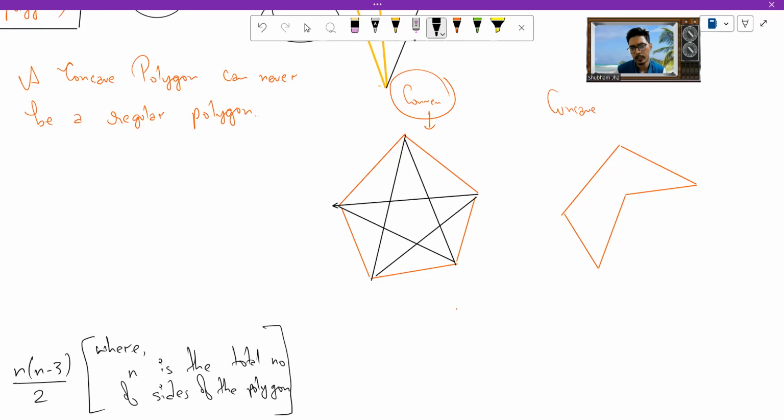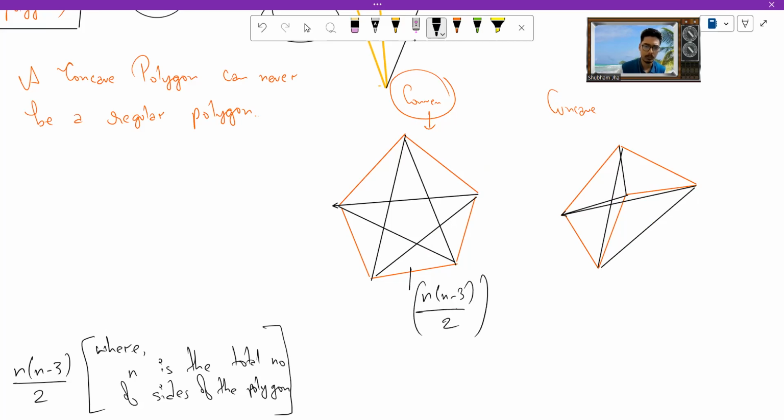What about this? 1, 2, 3, 4, and 5. So you can see the total number of diagonals remains the same. So whatever formula we have for this polygon, the same formula, n into n minus 3 upon 2, will be used for this polygon as well as this polygon.